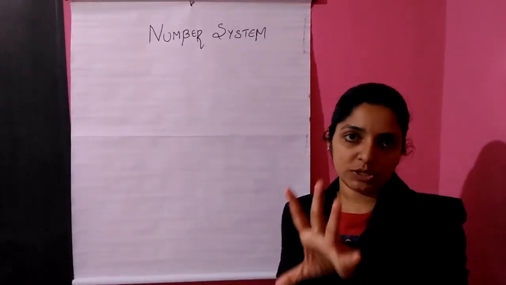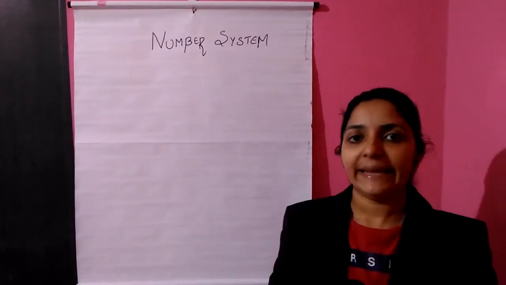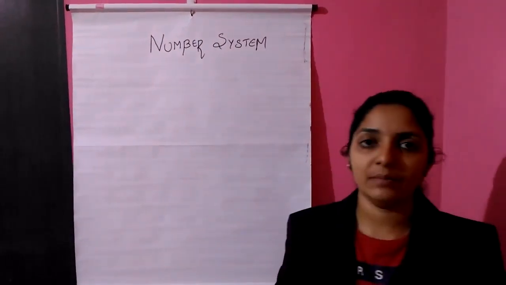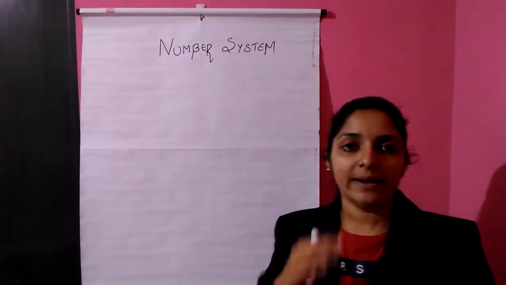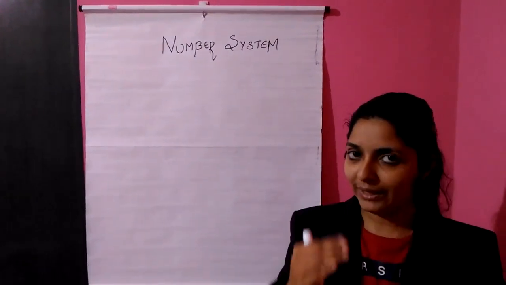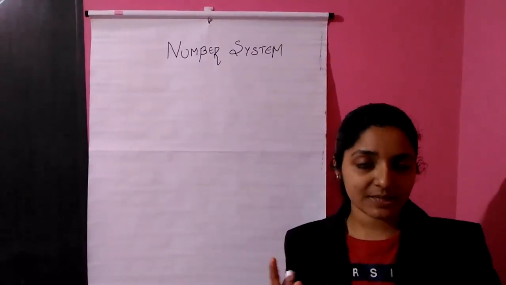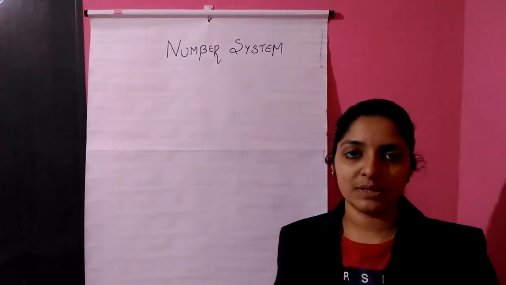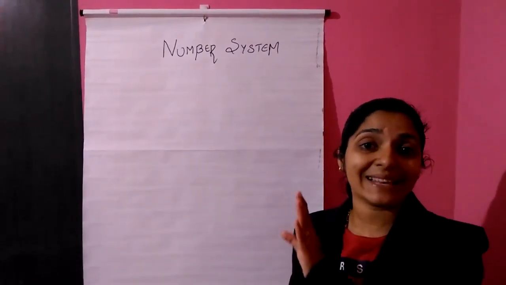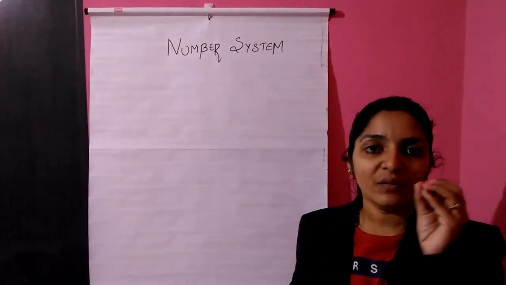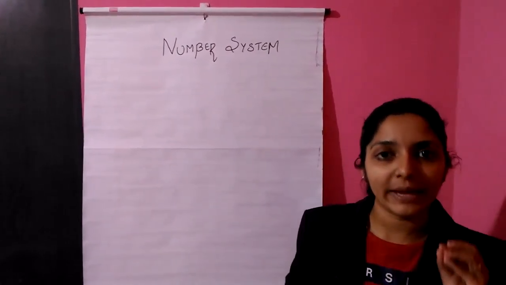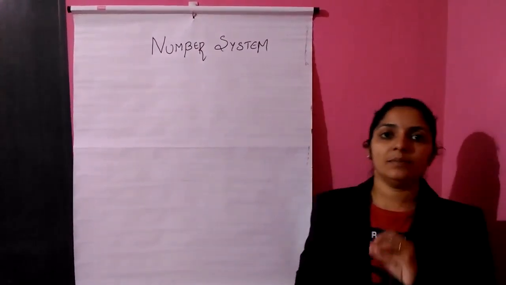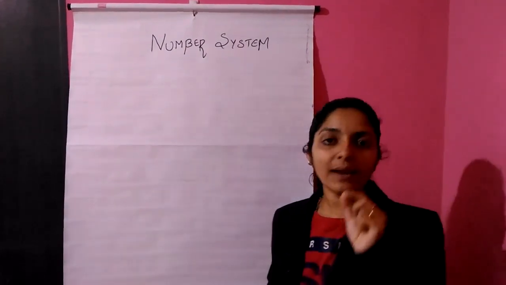Negative numbers, positive numbers with 0 become integers. Then we saw rational numbers. What are rational numbers? Numbers of the form a by b, where a and b are integers, b not equal to 0. Then comes irrational numbers. Numbers which do not have an exact value, which cannot be written in the form a by b, are called irrational numbers.